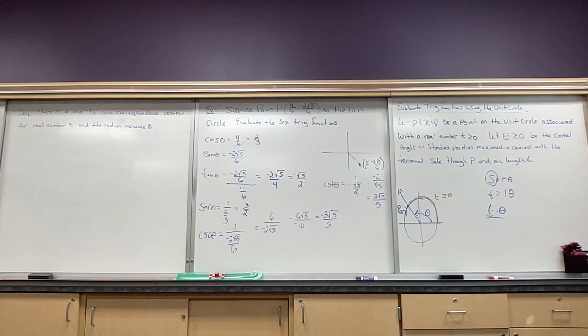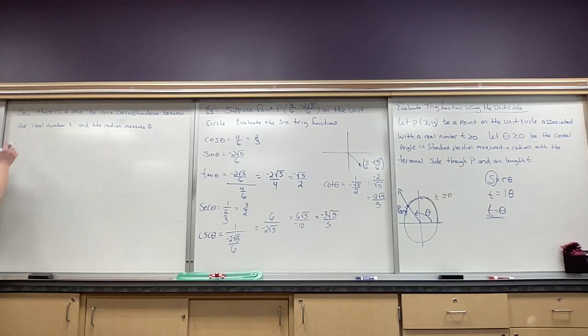Okay. So if they tell you that the arc length is pi over 4, then the angle that's made with that arc length is also pi over 4. So we don't have to figure that part out. We actually know what it is ahead of time. Okay.